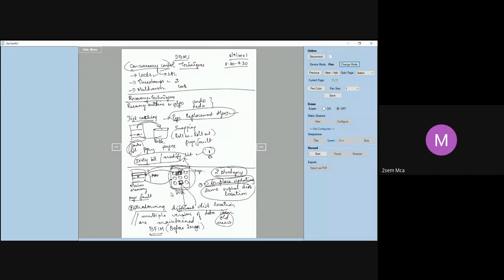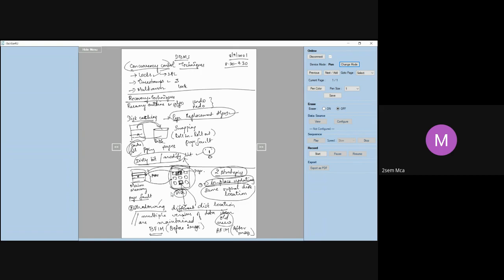The new value after updating, you call it as AFIM, which stands for after image. So in shadowing concept, what's happening? Both BFIM and AFIM can be kept on the disk because you are storing everything under different locations. Both before image and after image can be kept on the disk.